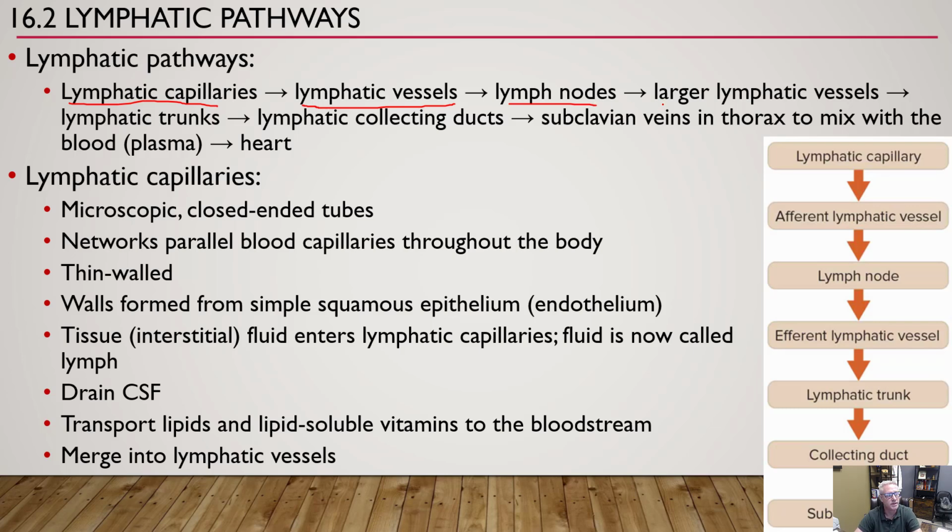Then they go into larger lymphatic vessels, then lymphatic trunks, lymphatic collecting ducts, and eventually into your subclavian veins in your thorax. Then they go back into the blood plasma, back into the heart, and mix with your circulatory system. So this extra 3 liters of fluid on average eventually goes back to the circulatory system.